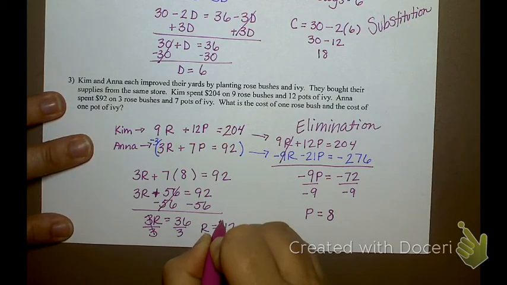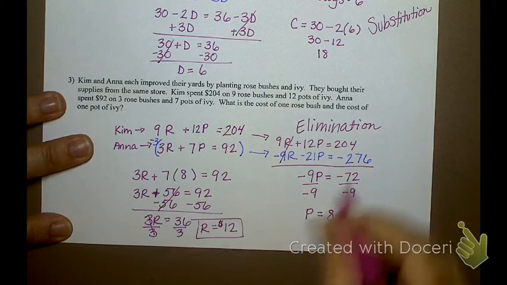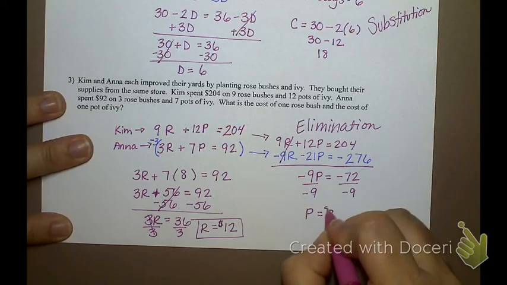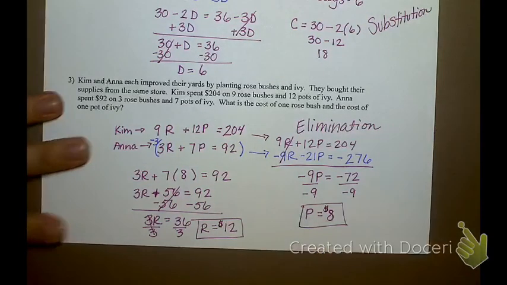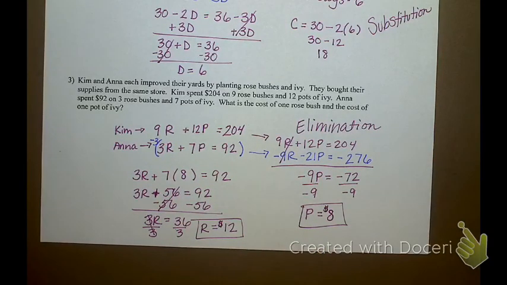So here rose bushes cost $12 and pots of ivy cost $8. And if I asked you to write that in a sentence, you could say exactly what I just said, right? Rose bushes cost $12 each and pots of ivy cost $8 each. Questions there? So the hard part is coming up with the equations. After that, solving it is exactly the same as we did before, okay?